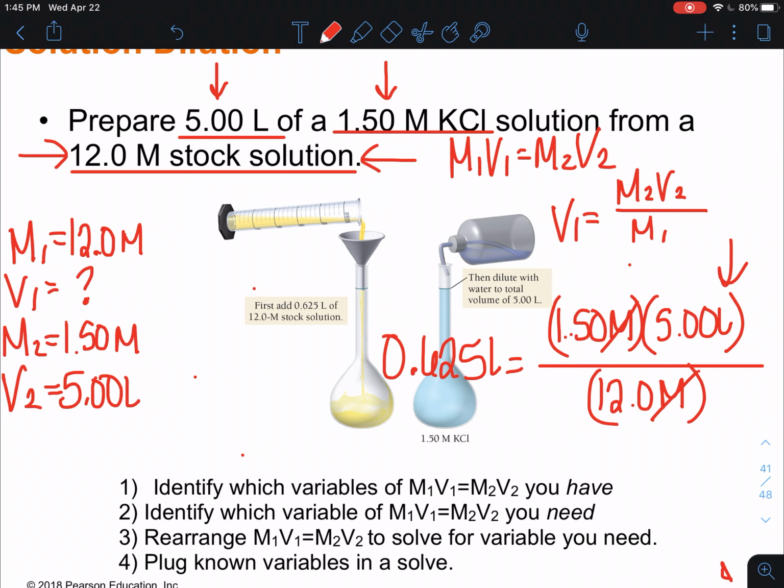So 0.625 liters of this concentrated solution, and if we dilute 0.625 liters of this solution to 5 liters, we'll have a new concentration of 1.50 molar.